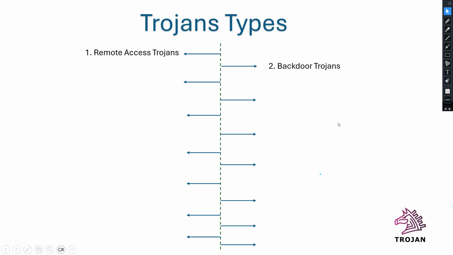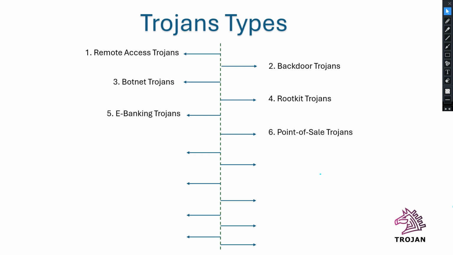Second is backdoor Trojans. We'll discuss all of these one by one. Then we have botnet Trojans, rootkit Trojans, and e-banking Trojans.